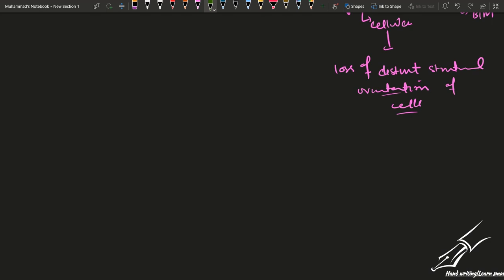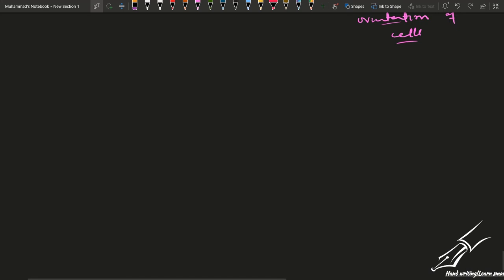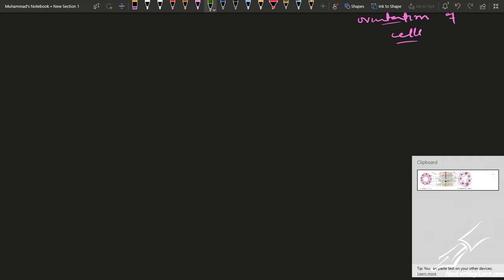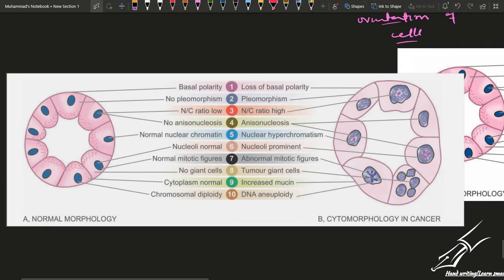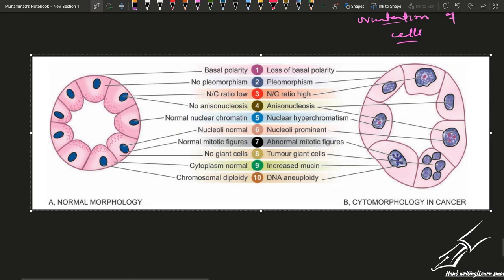There are also some features which we will discuss in the picture. So let's come to the picture.